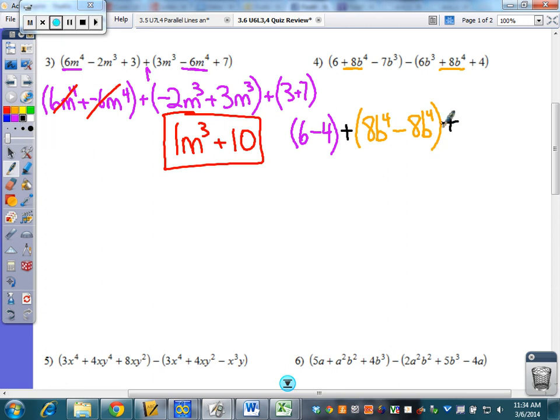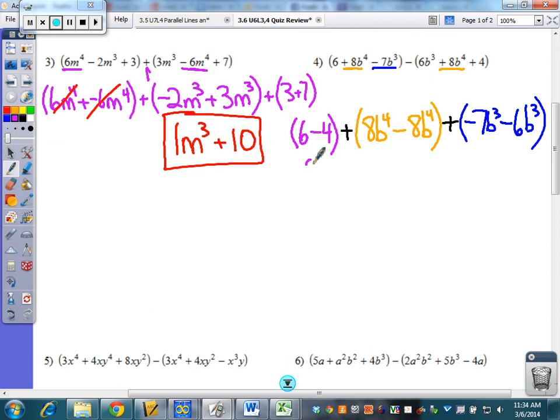And we'll add that to the last group, which will have a negative 7b cubed minus a 6b cubed.